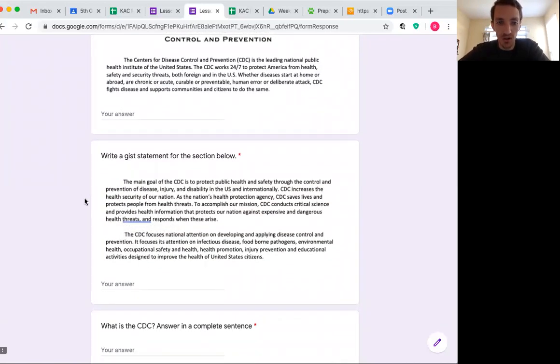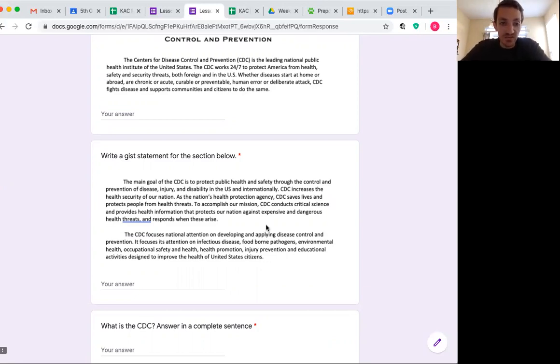The main goal of the CDC is to protect public health and safety through the control and prevention of disease, injury, and disability in the US and internationally. CDC increases the health security of our nation. As the nation's health protection agency, CDC saves lives and protects people from health threats. To accomplish our mission, CDC conducts critical science and provides health information that protects our nation against expensive and dangerous health threats and responds when these arise.